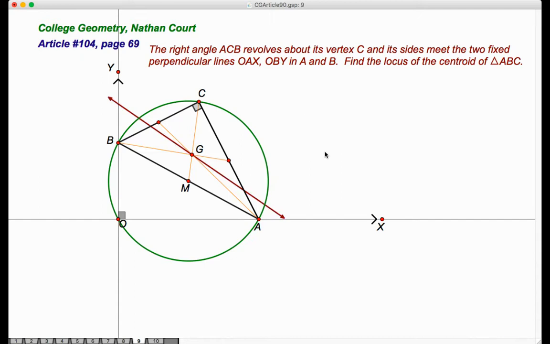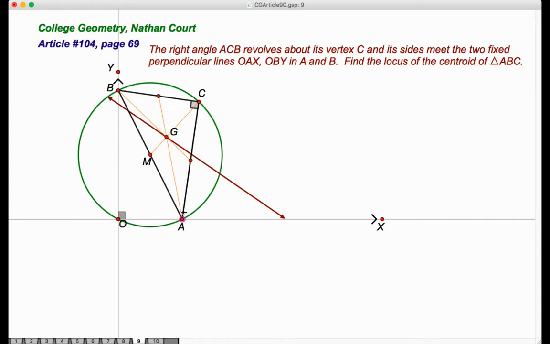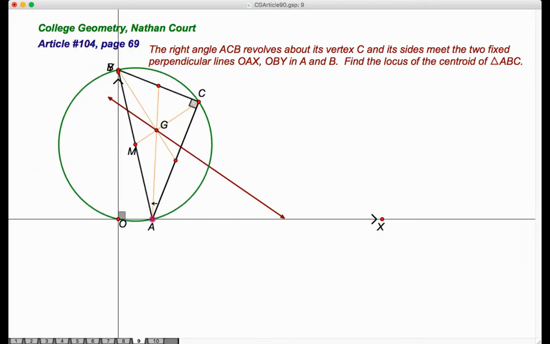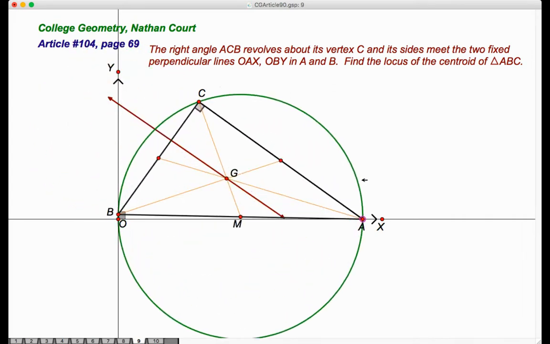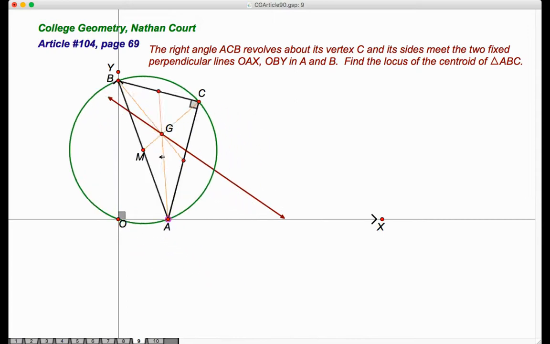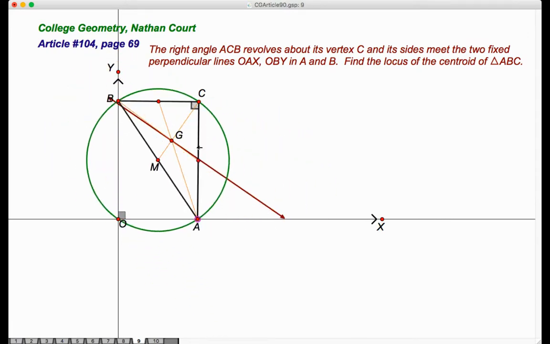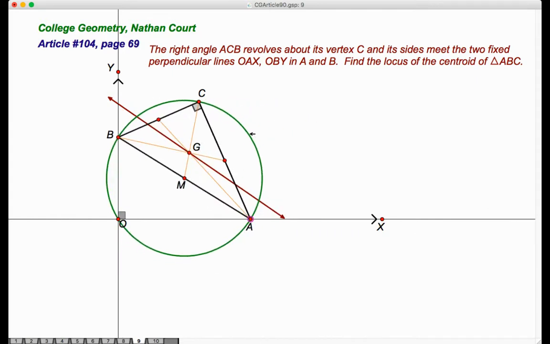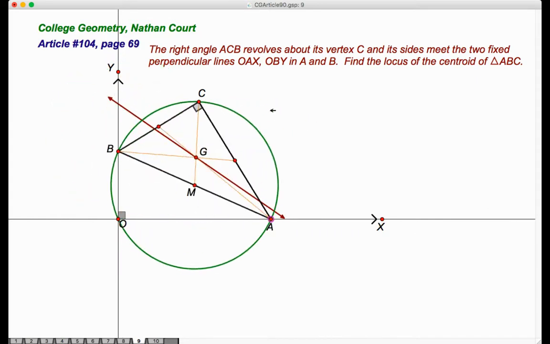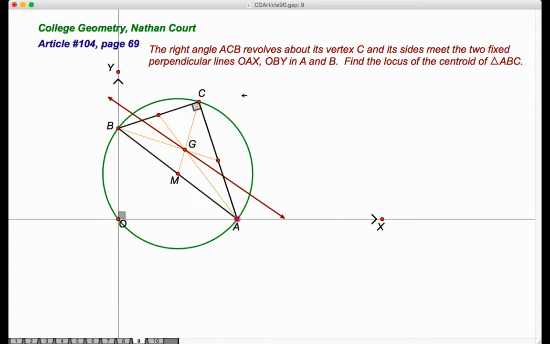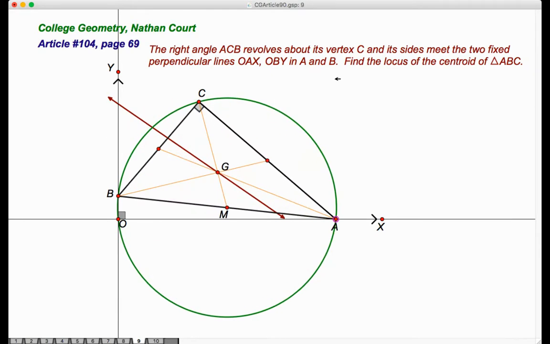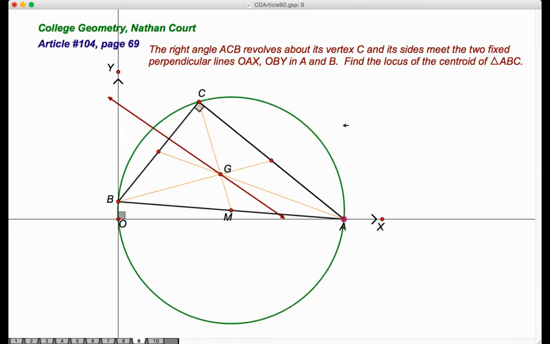So that is the locus of G. But wait a minute. So yes, as I move the triangle along the x-axis, C is fixed. Okay, G moves only on this line. That seems to be just the hypotenuse of this other triangle here, this particular triangle.